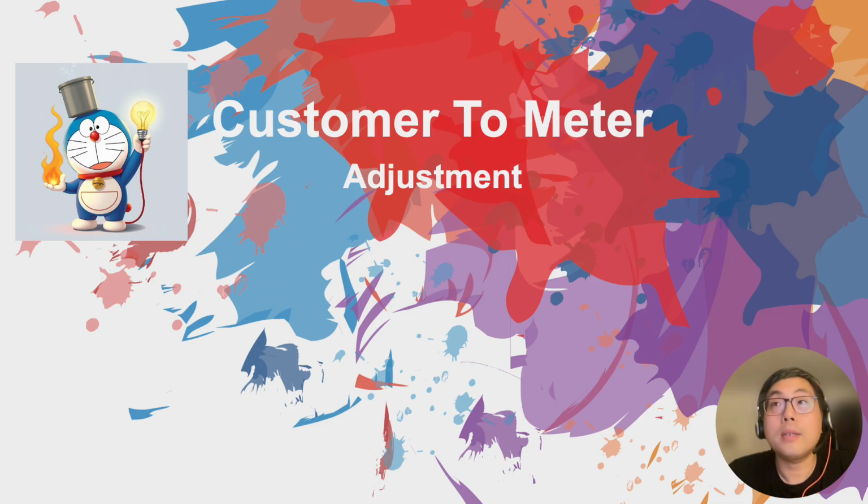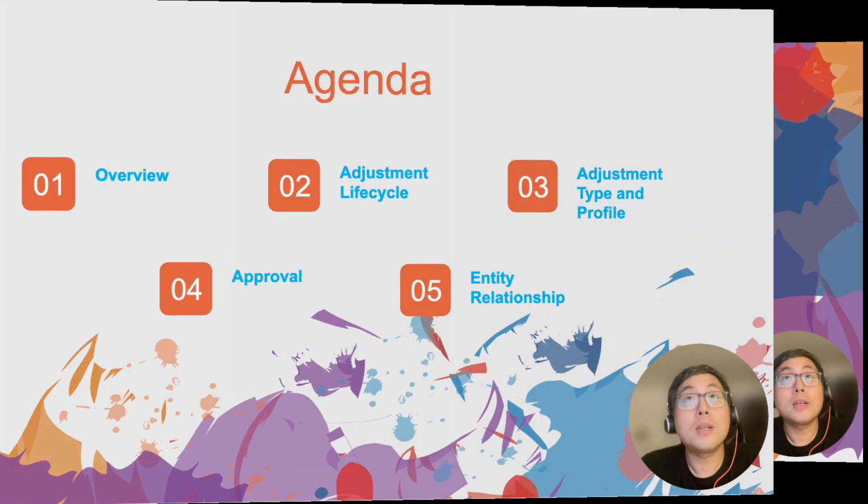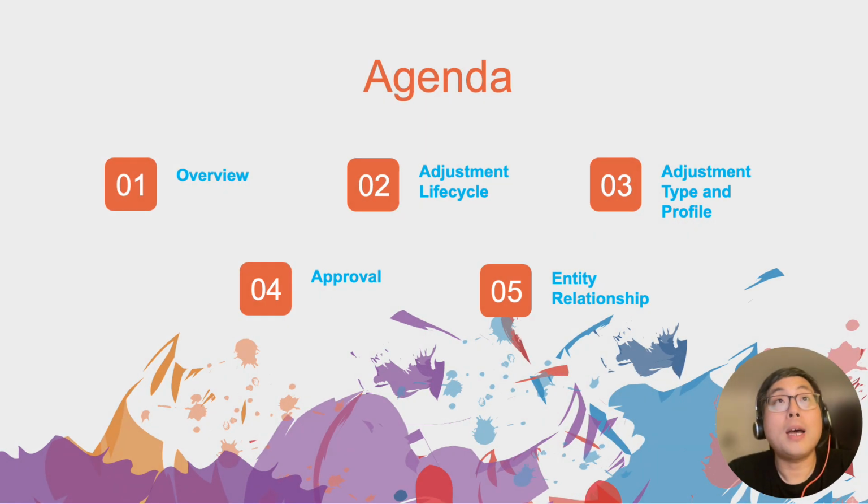I look at what is left to talk through. There are still a couple of quite important topics, and one of them is adjustment. So today I want to talk about adjustment. Okay, so we break that down into five areas.